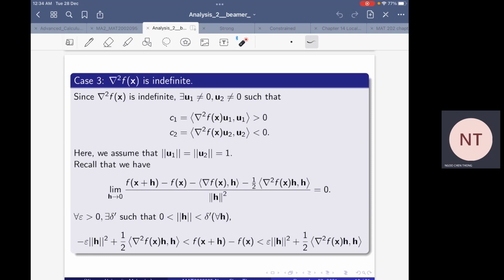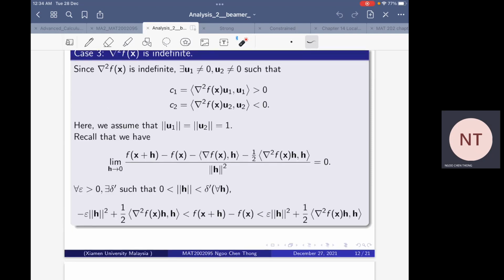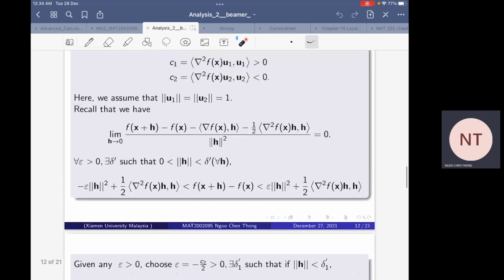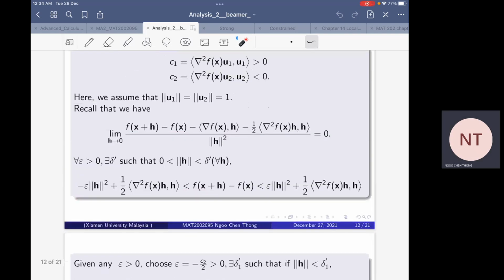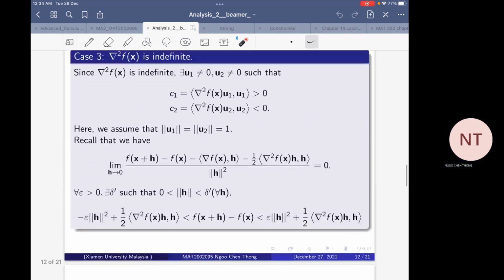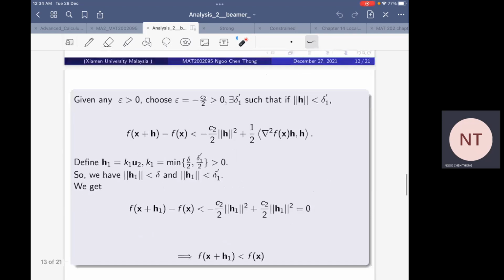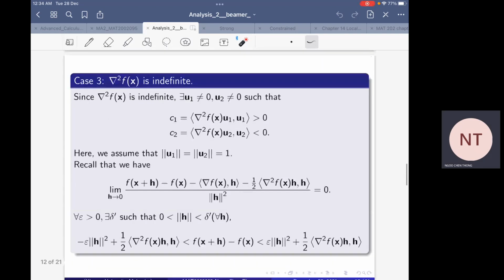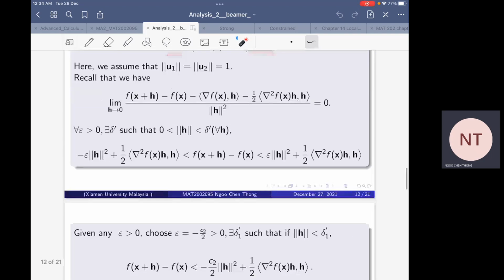Here we also use the limit from before, and we ignore this term. For all epsilon, in this line we apply the epsilon delta definition of the limit. Now we choose epsilon to be negative c2 over 2. Since c2 is less than 0, negative c2 over 2 is positive.